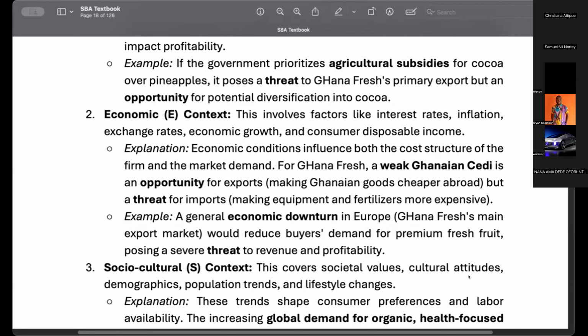Economic context can also deal with issues that have to do with exchange rates. Look at what is happening to the dollar for the last, should I say, about a year ago, when the dollar was hiking to about 17. It was affecting companies. And I remember government was putting a policy concerning how much you can withdraw at the counter and what quantity you can withdraw in a day, and even travel with.